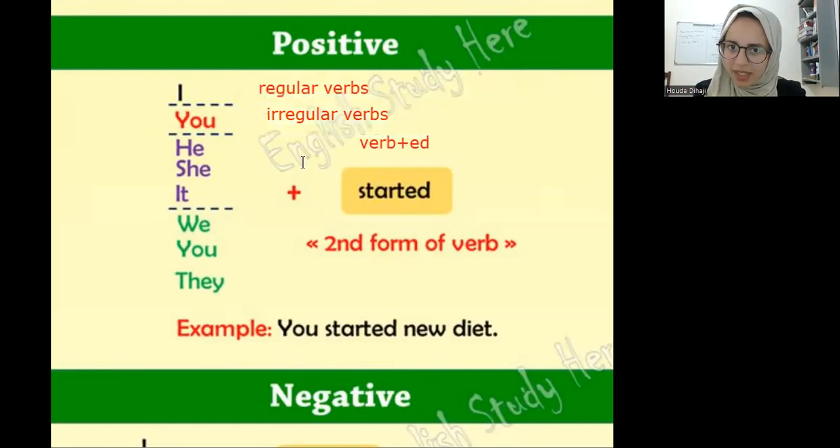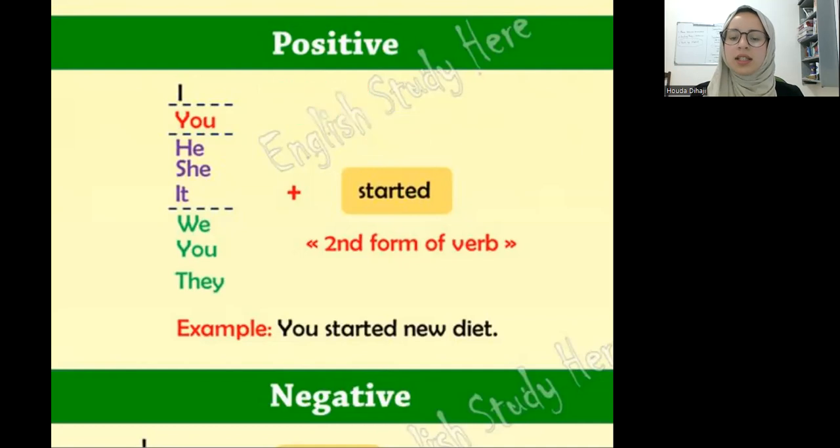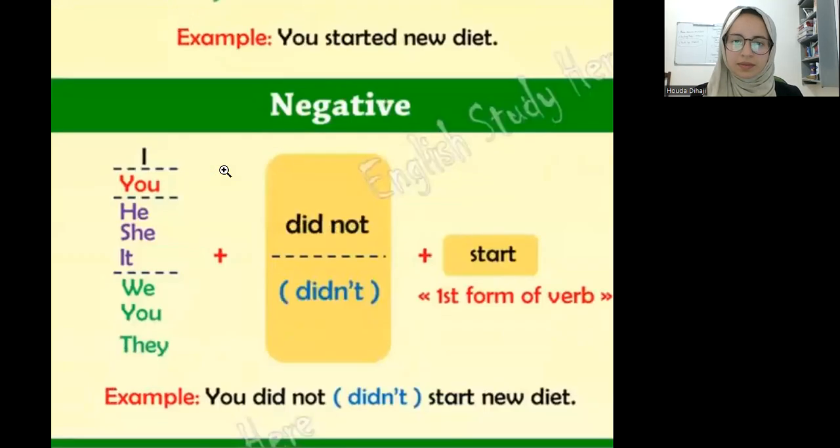So for the time being, we're going to cover only the regular verbs, to make it easy for you. So the regular verbs, one rule for all of them: the subject pronoun plus verb plus the ed of the past. Okay? Here they gave us an example. You started new diet. Okay? All right. Let's see the negative form of the past simple.